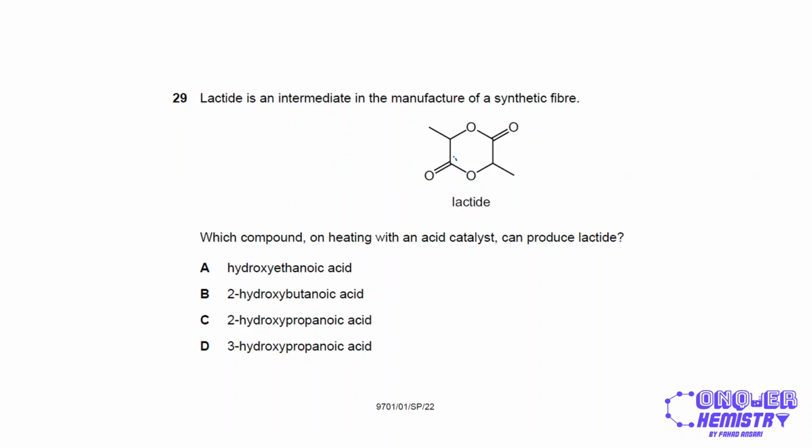You can see over here that lactide has 2 ester linkages, one over here and one over here. Now, the reverse of esterification is hydrolysis. So if I break the carbon-oxygen single bonds, I will get the starting material. So over here, I have this oxygen that is bonded to H, so this is OH, right? Then I continue the structure from here.